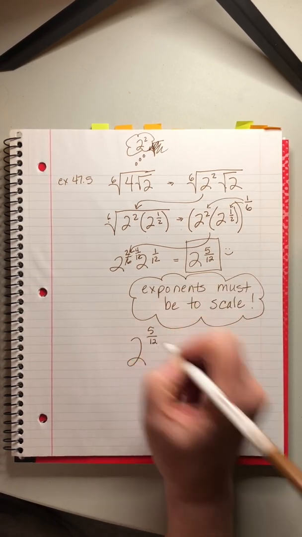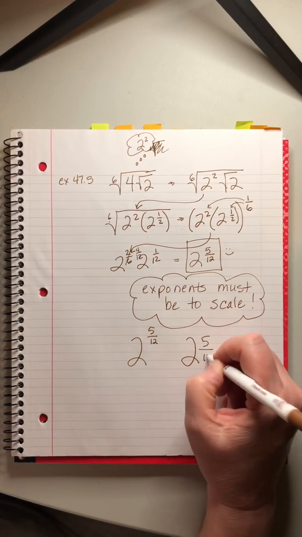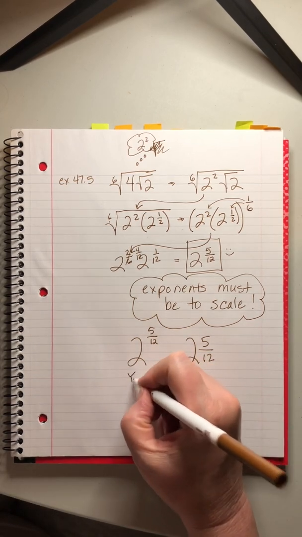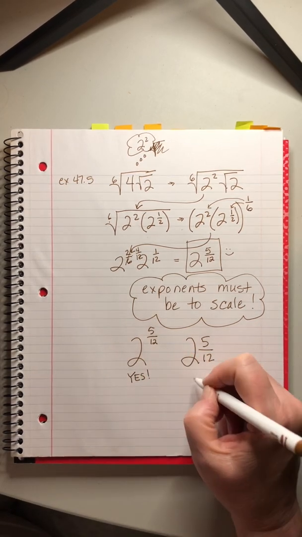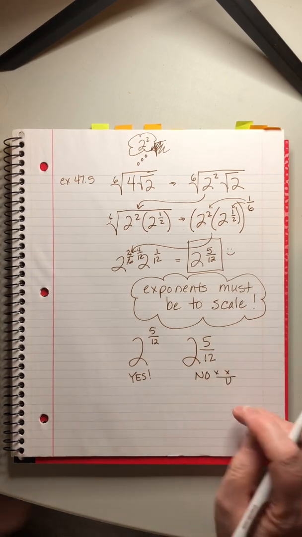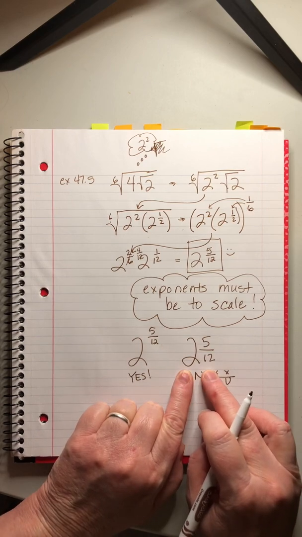I want your answer to look like that. I don't want your answer to look like that. Okay? This looks like an exponent. This looks like a mixed number.